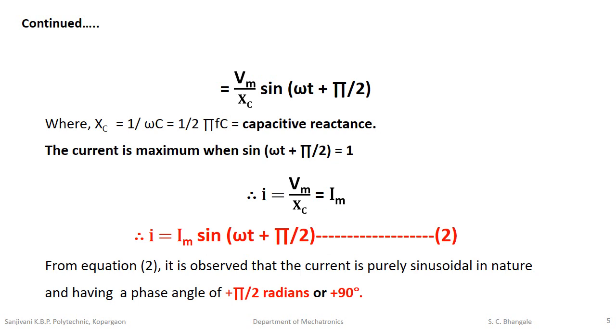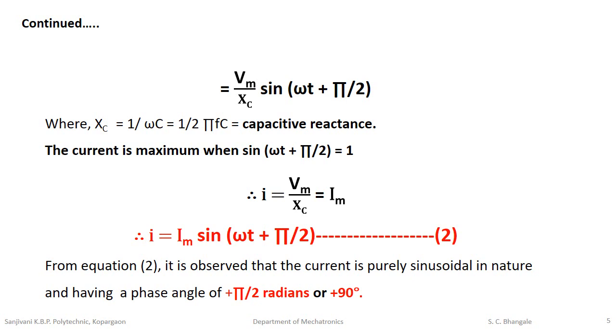We can write the equation as Vm divided by Xc, the capacitive reactance, into sin of omega t plus pi by 2. In this equation, Xc is 1 upon omega C, which is 1 upon 2 pi fC, the capacitive reactance. The current flowing through the circuit has maximum value when sin of omega t plus pi by 2 is 1.